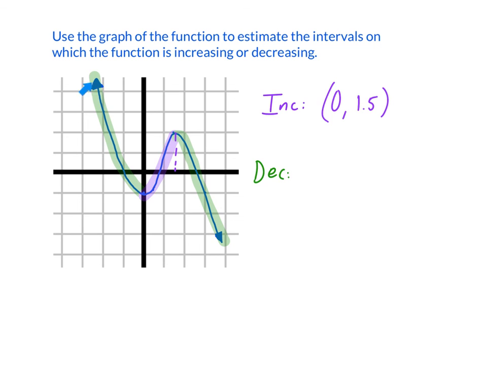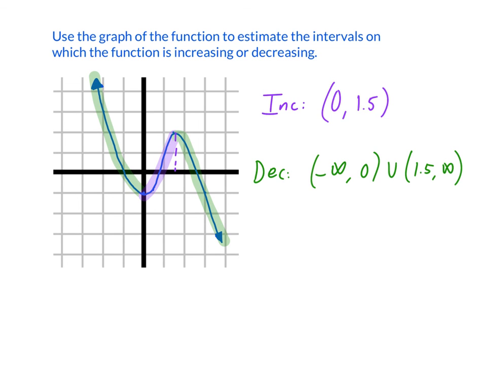On the left side, that left arrow, so negative infinity, stopped at 0. Again, that x value. And again, you can use the comma or the union symbol for this. Where did it start decreasing again? It started decreasing again at 1.5 and kept going to the right forever. So from 1.5 to infinity.